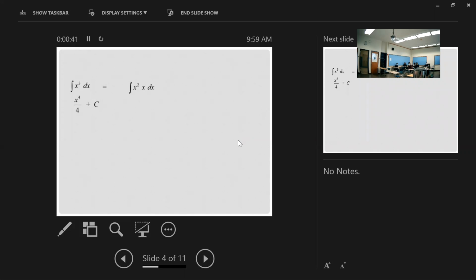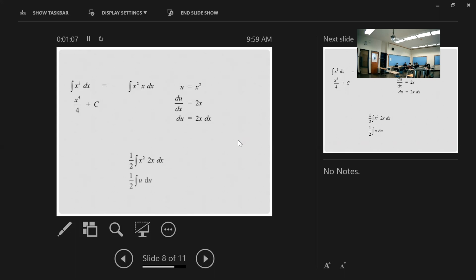But what would the other side give you when you rewrote it? Well, in that case, mu would be x squared. d mu dx would be 2x. Yes, and you would get d mu is 2x dx. So I would put 1/2 in front here to multiply x dx by 2. Yes, so you can anti-differentiate.